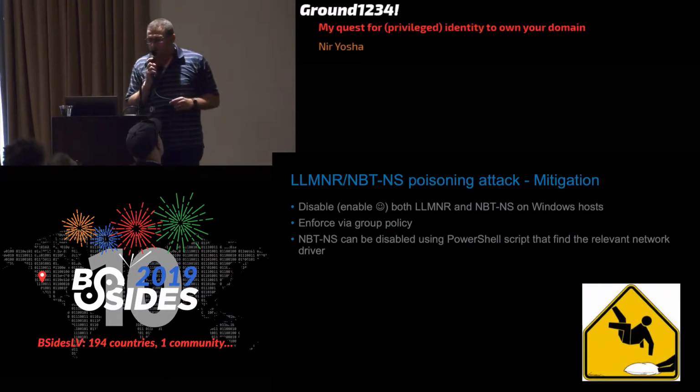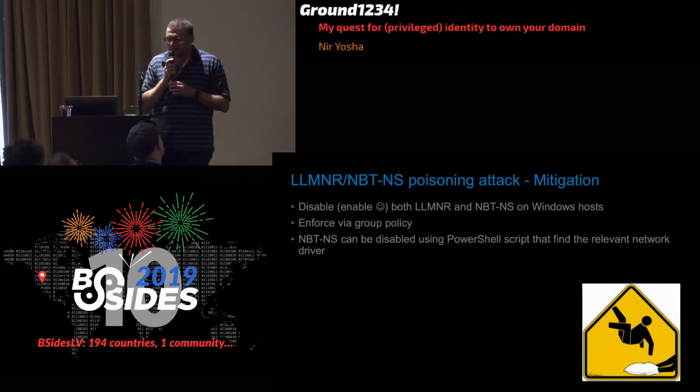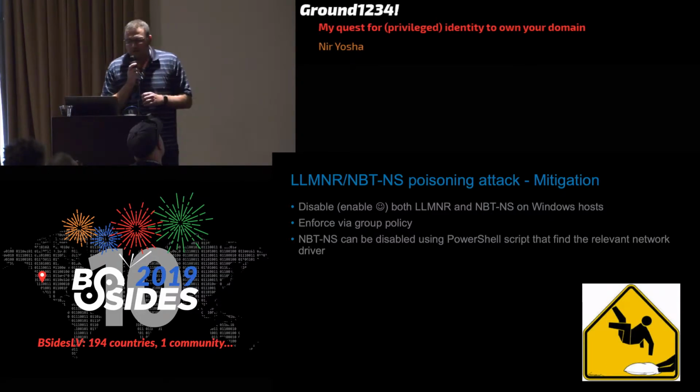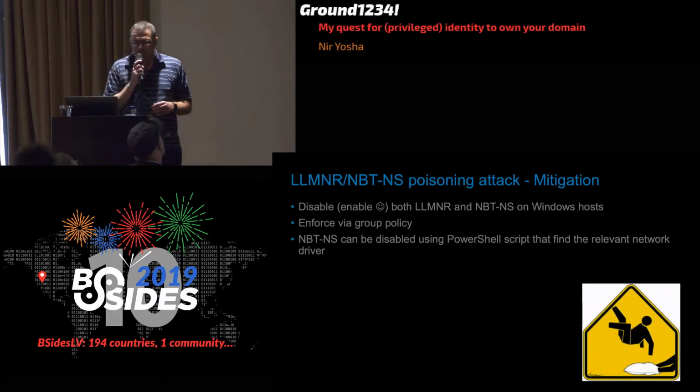Now, there's definitely no need to allow this, because we still see this enabled on clients. Just disable LLMNR and NBT, which is basically the NetBIOS protocol, on the network drive.